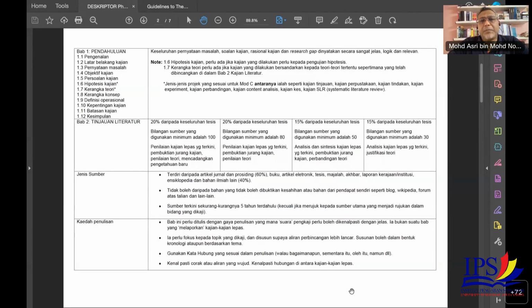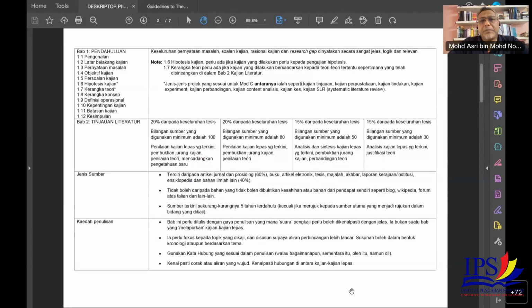Doesn't mean that when you write your project paper, you will count and make sure that it's 15%. No, yeah. Don't let students say that Dr. Asri said 15%. This is only a general guideline. Yeah? This is just a guideline. So it could be more, it could be less, but our suggestion is around 15% of the whole of your thesis should come under literature review.